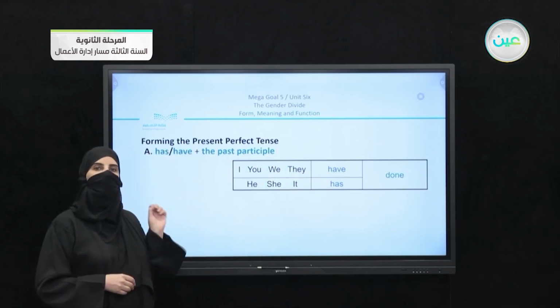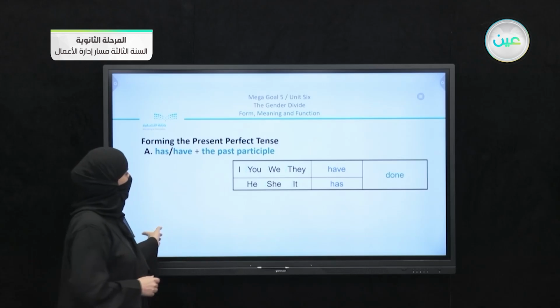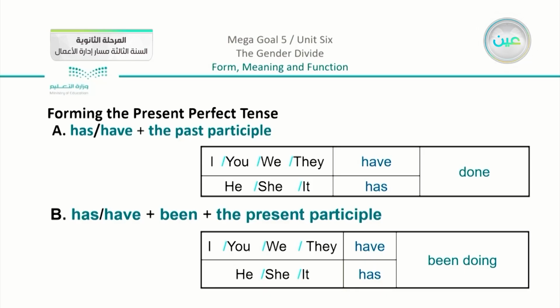Now, this is the present perfect simple. We have the other, which is the present perfect progressive, meaning that we have here either using the plural or the singular, has and have, with been, as we mentioned before, and we have the verb ing.